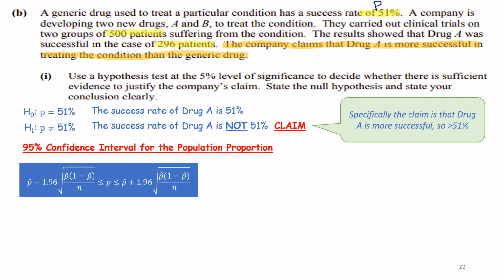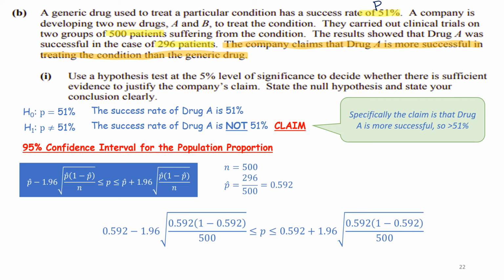Let's look at the confidence interval for the population proportion. Here's our formula. We use n as 500. P hat, the proportion of the sample, can be calculated using our 296 and 500. That works out as 0.592, so that's 59.2%. But we do want to work in decimal here. You want to leave it in decimal and not percentage.